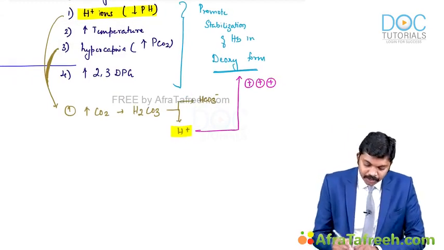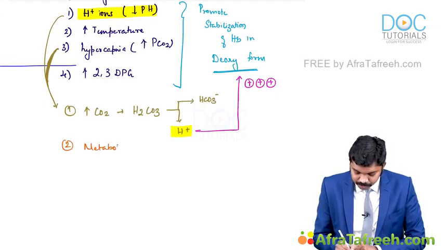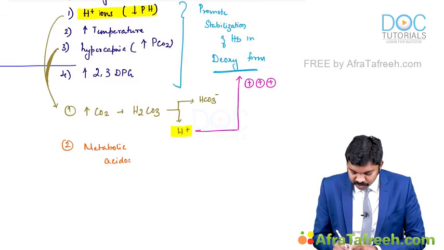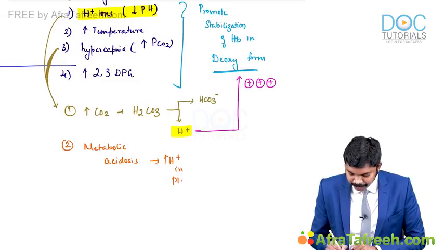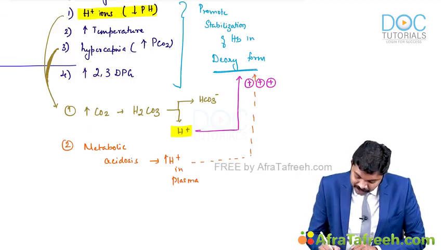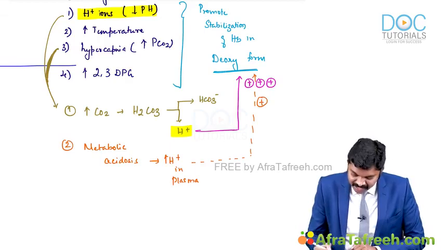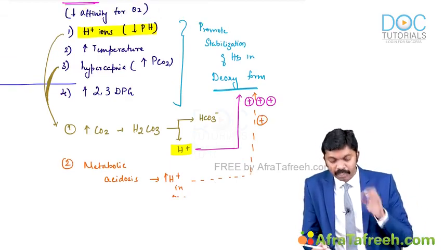On the other hand, there can be other causes of metabolic acidosis. This is going to put the H plus ion concentration increased in plasma. Now this H plus ion also is going to contribute to stabilization of deoxyhemoglobin, but this effect is comparatively lesser and smaller when compared with the effect contributed by carbon dioxide.